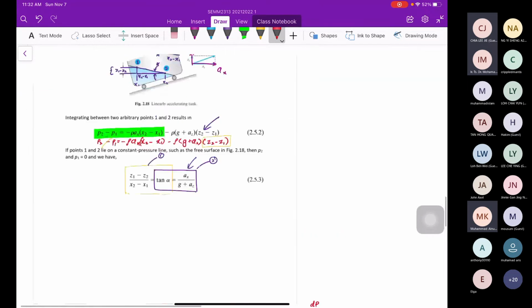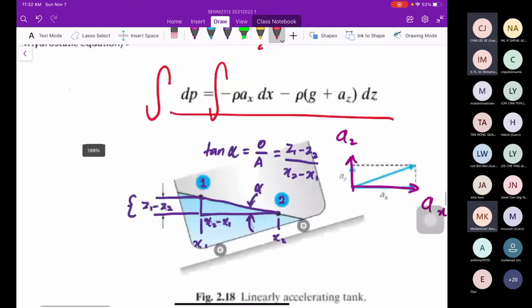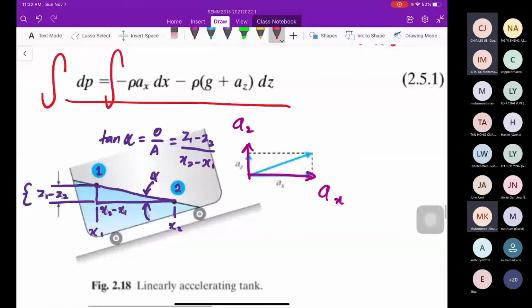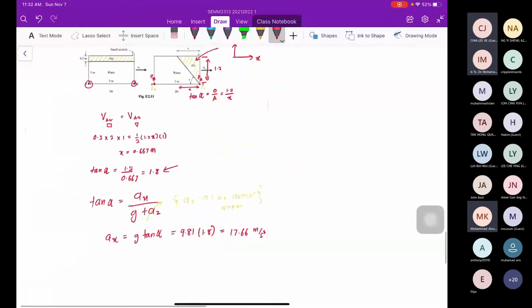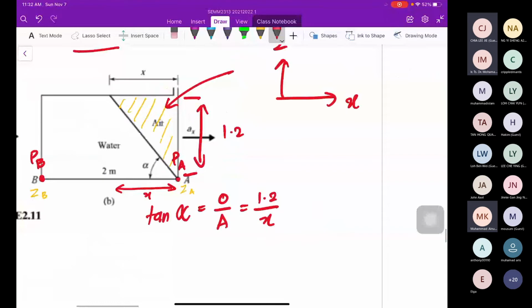Previously, you can see here, the pressure at 1 and 2 is 0, right? Because it is exposed to the atmosphere. What do you think of the pressure at A? Is it 0 or not 0? And why? Samuel, Charlie, any idea? What is PA?